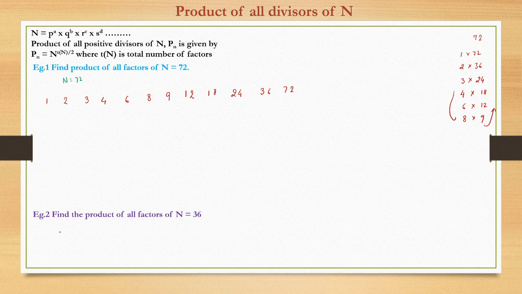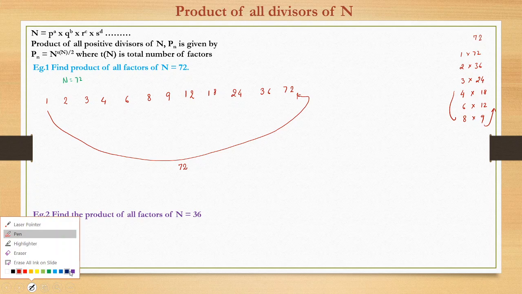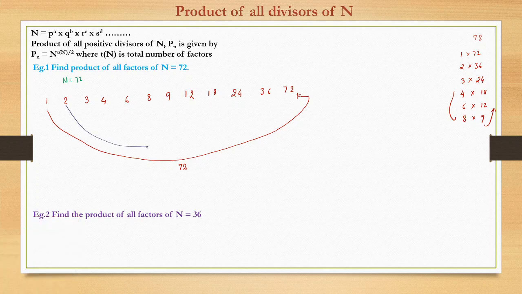Now notice one thing. If you multiply the first term 1 with the last term, we get 1 into 72, which is 72. Multiplication is 72, right? Now if we multiply the second term with the second last term, 2 into 36, again we get the same multiplication, 72.